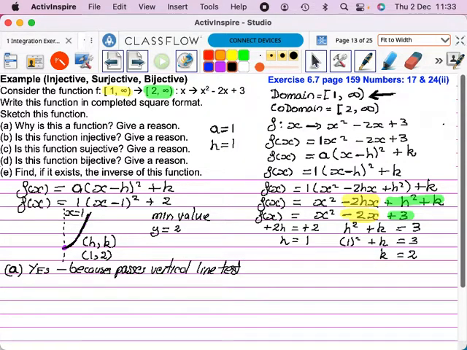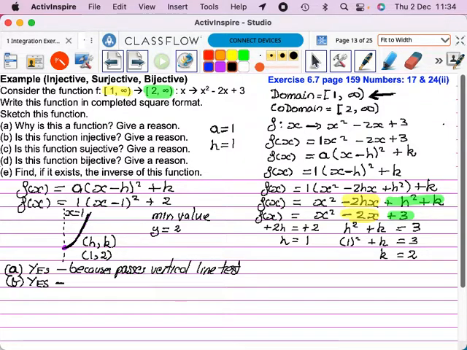Is this function injective? Well, the answer is yes. Why is this function injective? Because it doesn't have a turning point. Now, we know quadratics have turning points, but only if it's a full quadratic. What have we just done? We've just rubbed out half the quadratic. And because we've rubbed out half the quadratic, it's now purely an increasing function.